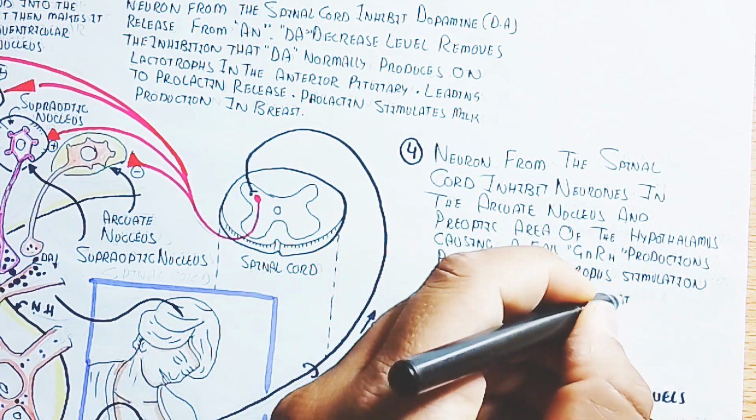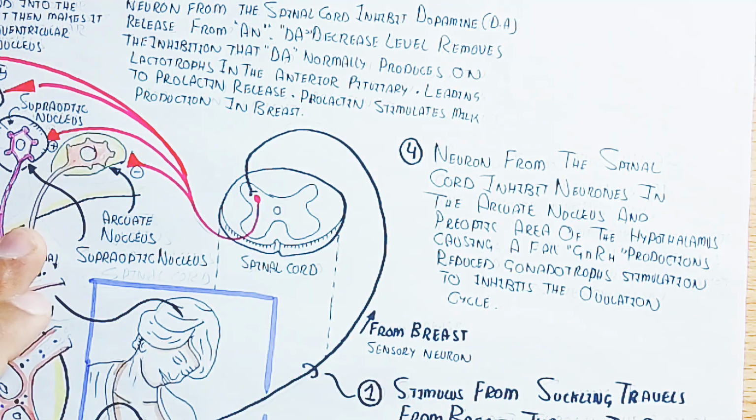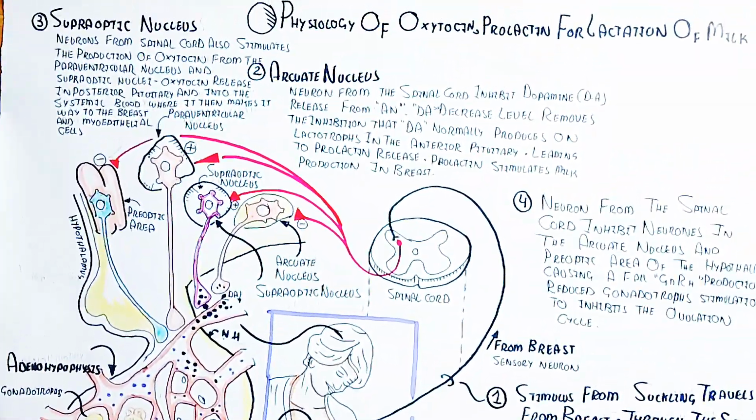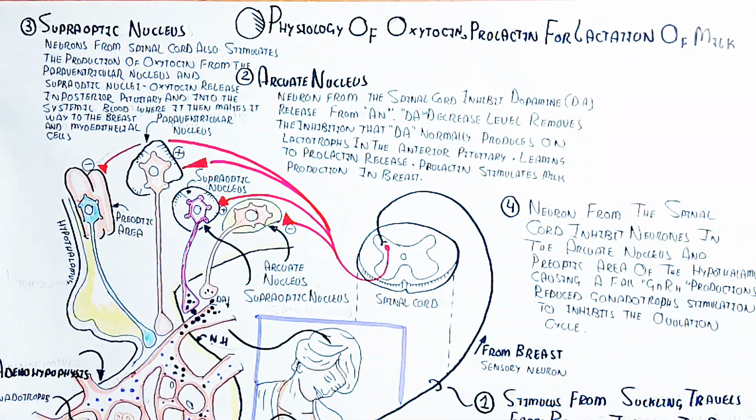In this way, pregnancy will not be possible, while lactation of milk will be possible due to the positive and negative feedback mixture. Thanks for watching.